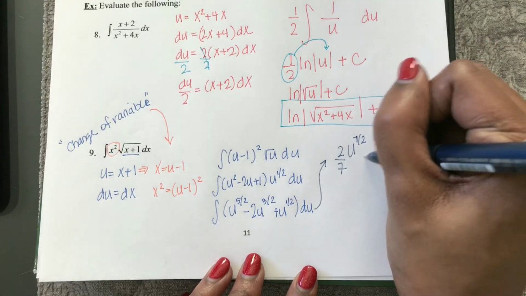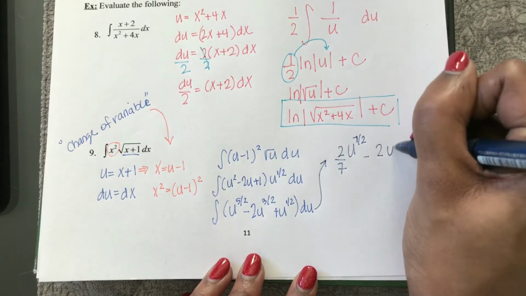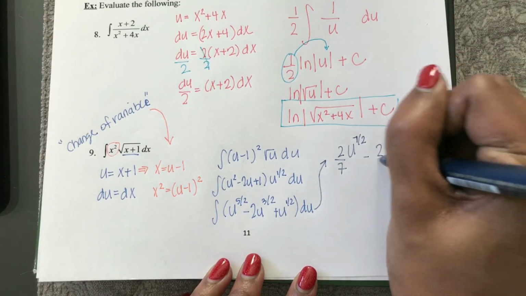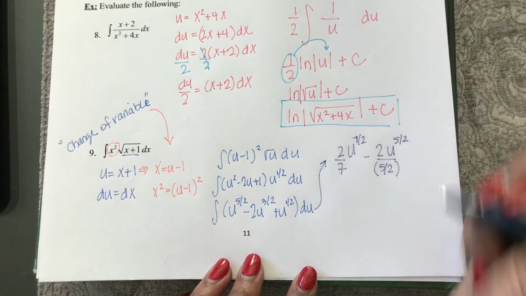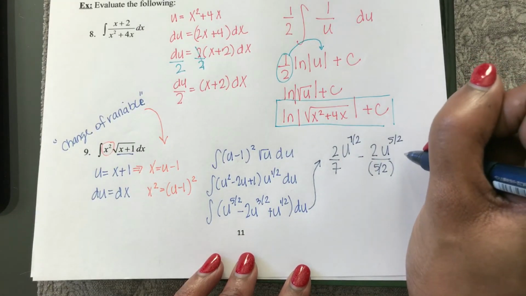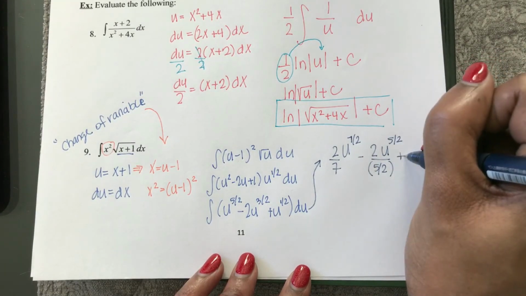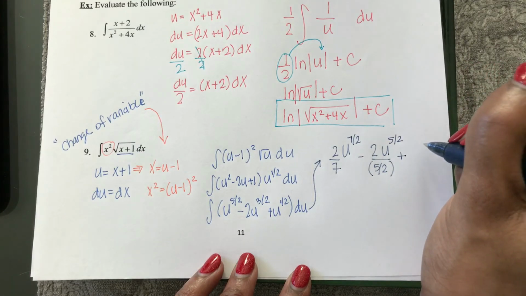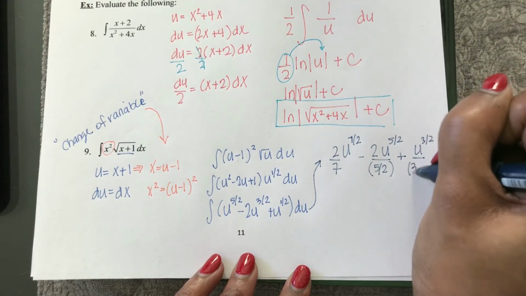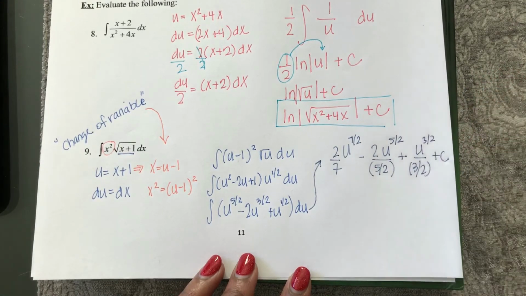And then minus 2u, 3/2 plus 2/2 is 5/2. I'm just going to go ahead showing dividing by 5/2 here. I'll simplify in the next step. And then we have a plus, 1/2 plus 2/2 is u to the 3/2, divided by 3/2, plus c.